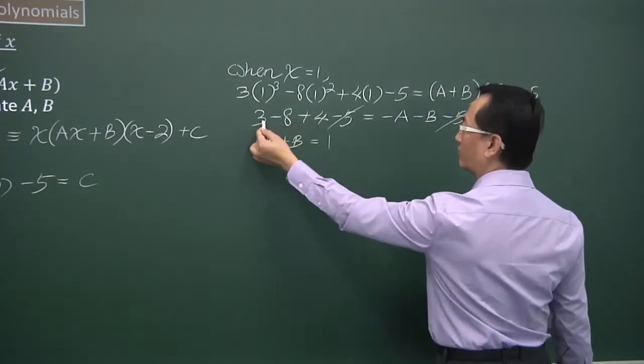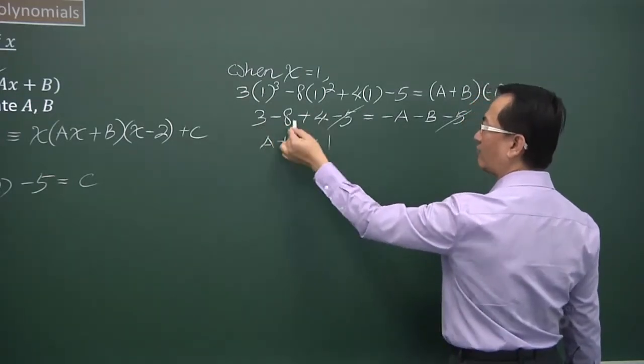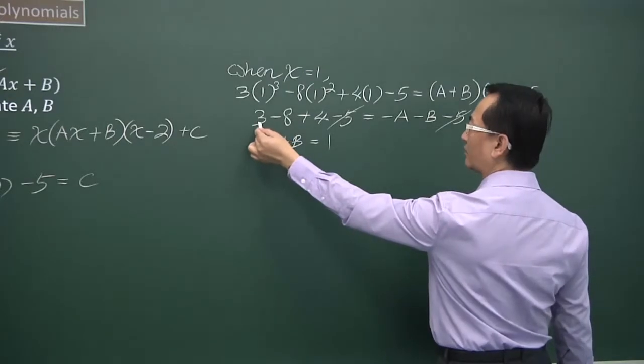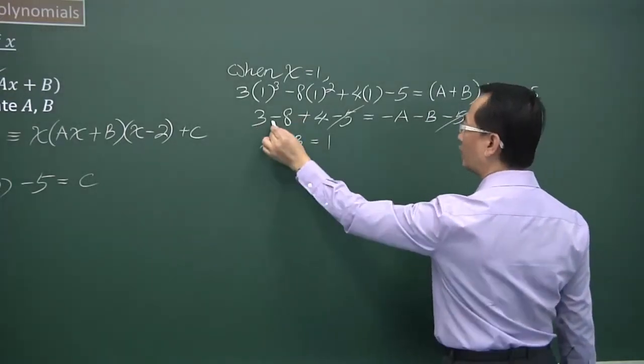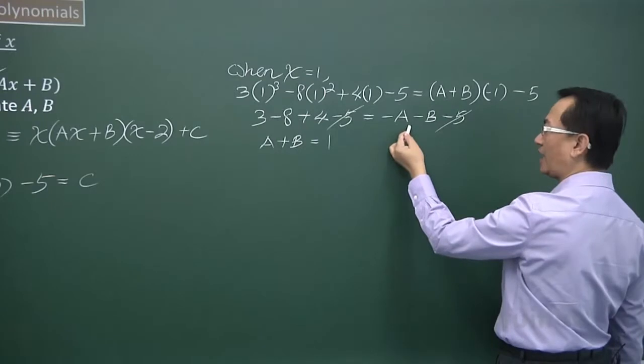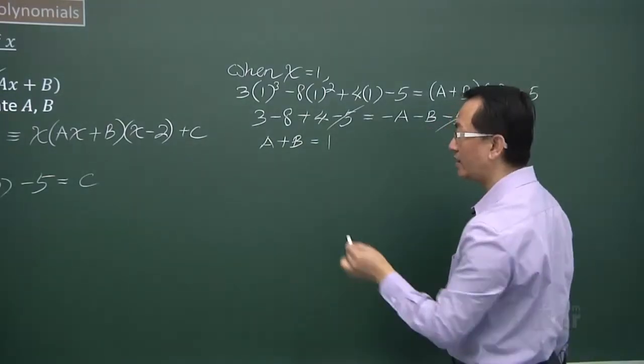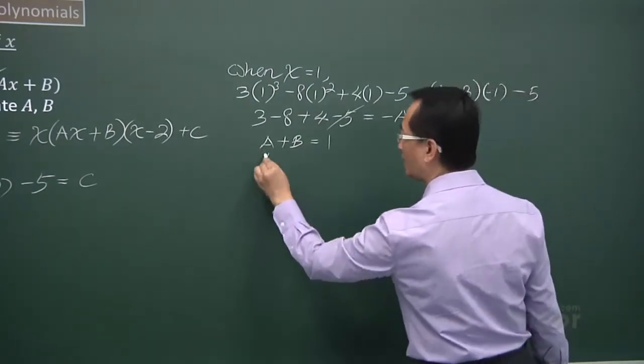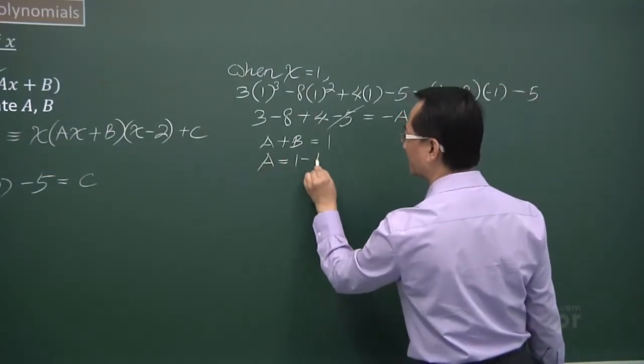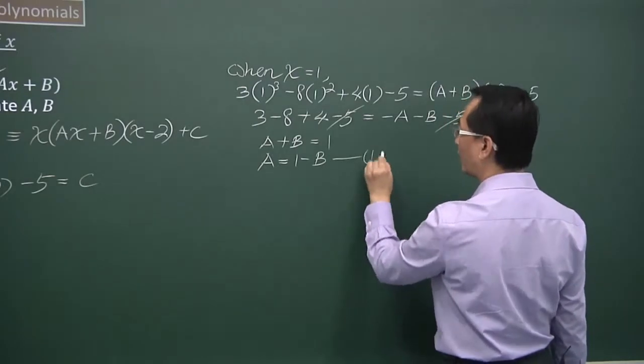Because negative 8 plus 4 is negative 4, plus the 3 is negative 1. I got negative 1 equals negative a minus b. Multiplying throughout by negative 1, this is what I get, and I make a the subject here. And I call it equation 1.